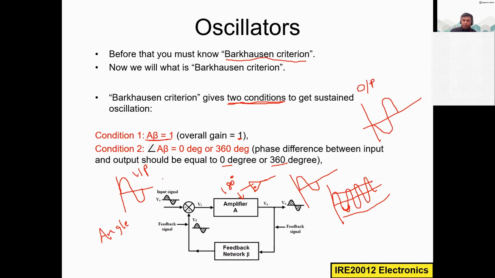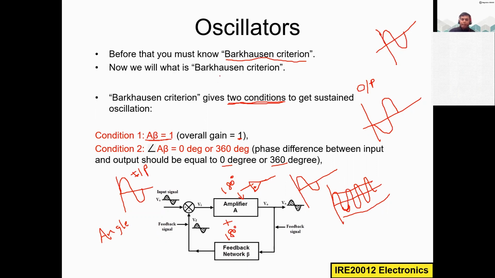It's not the same. The phase got changed. This is 180 degree shifted. So in that case, I'm going to send this to this feedback loop or feedback network. Then this feedback network should also give me 180 degree phase shift. In that case, 180 plus 180 is going to be 360 degree. So again this will be corrected. Then I will get the output without any phase difference. So this is what I want.